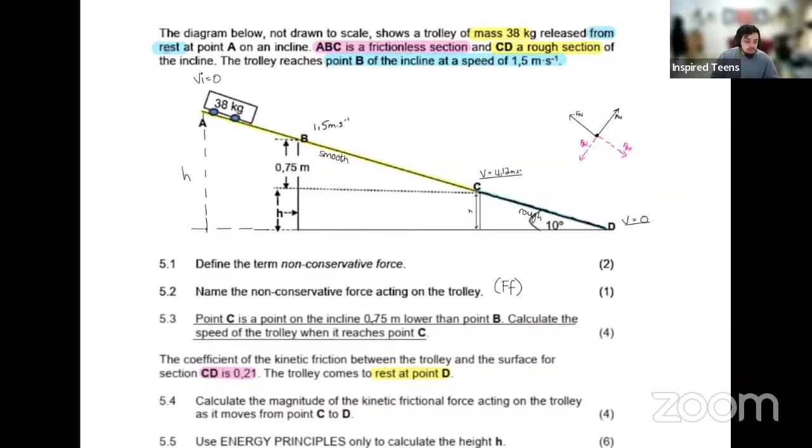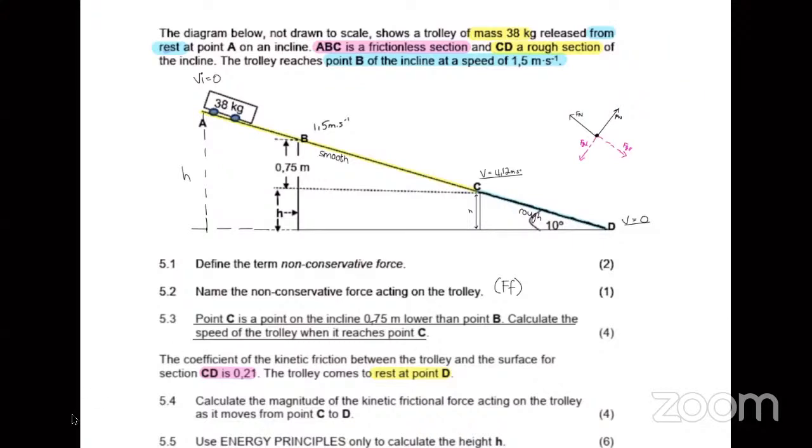From A to B to C, it's only gravity. But from C to D, it's friction and gravity. But remember that gravity is actually a conservative force, so we are using WNC, so we only consider non-conservative forces.